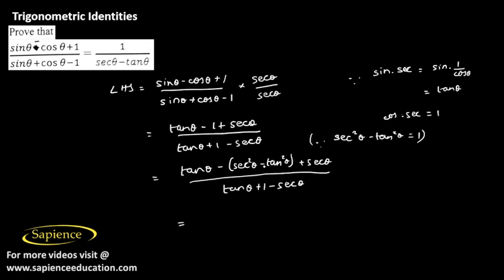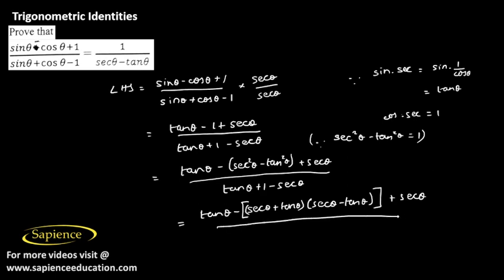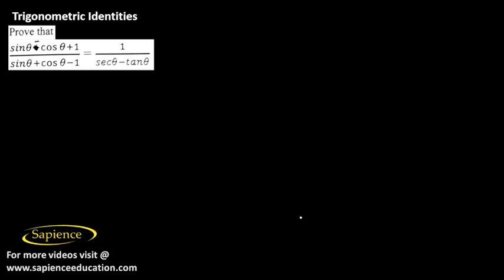The numerator secant square minus tan square can also be written as tan theta minus (secant theta plus tan theta) into (secant theta minus tan theta), plus secant theta, divided by tan theta plus 1 minus secant theta.